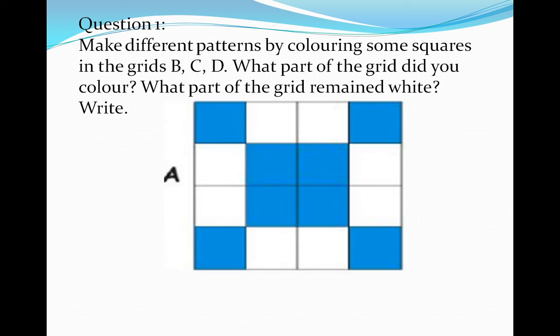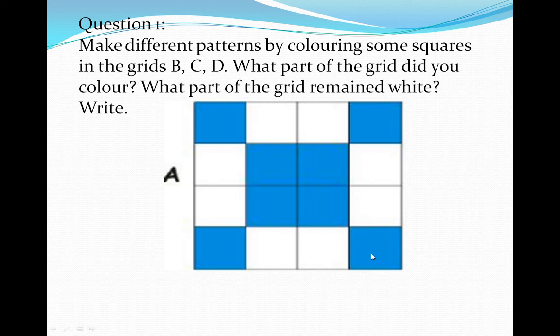This is grid A and you can see it is a square, and this square is divided into 16 small squares. Now we will count those squares. 1, 2, 3, 4, 5, 6, 7, 8, 9, 10, 11, 12, 13, 14, 15, 16.